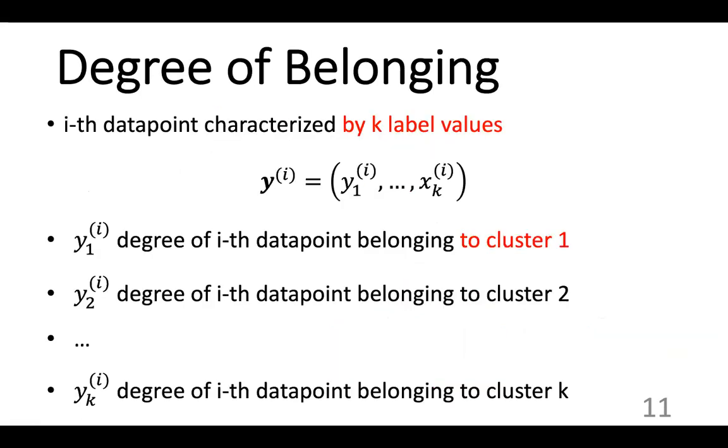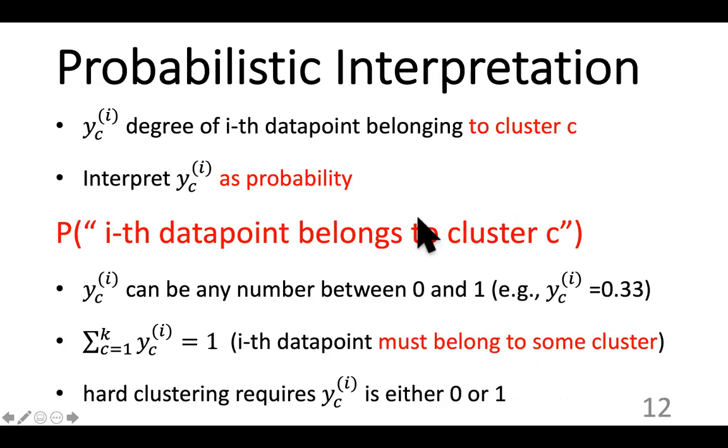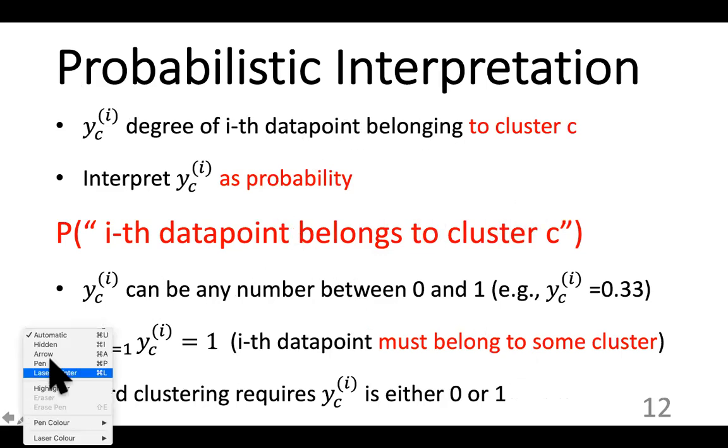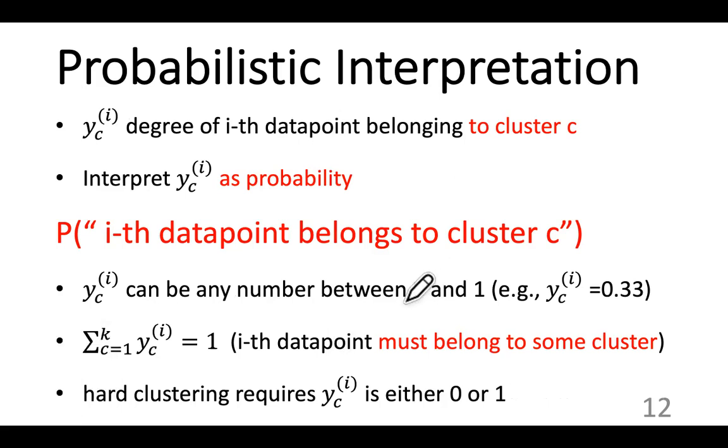Okay. So in principle, we can freely define the value range, but it turns out to be a good idea to set the value range of these degrees of belonging between 0 and 1. And this can be any number between 0 and 1. For example, the degree of belonging could be 0.33.